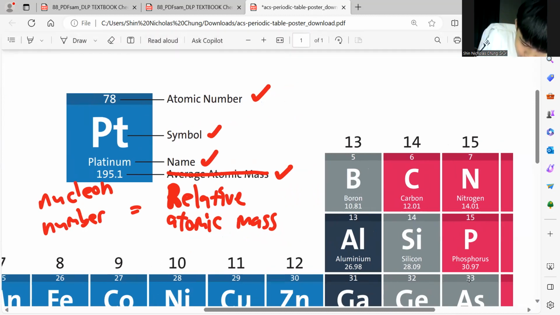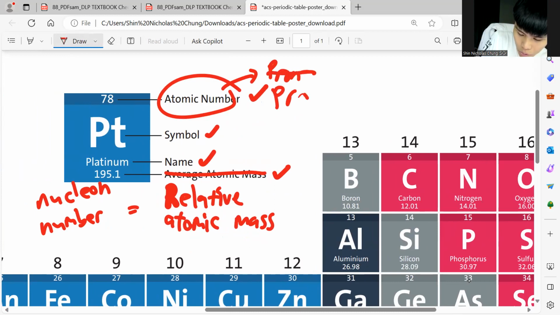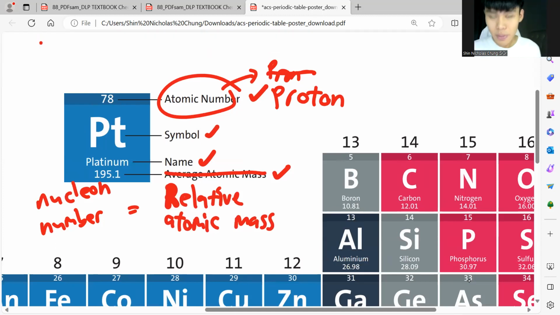So what is the other number here? The atomic number, which we call the proton number in this case. My teacher taught me: you see there's a bigger number, right? That will be your nucleon number, the relative atomic mass.